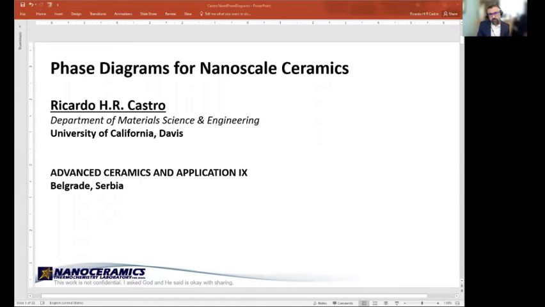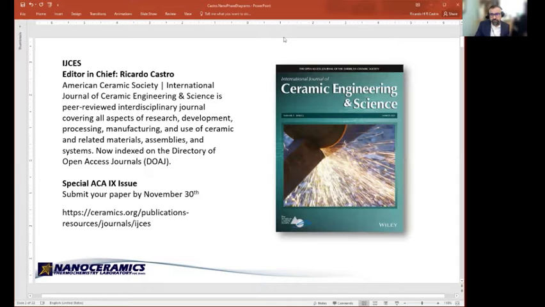And one thing that we sometimes miss is whether, when you go to the nanoscale, those diagrams work the same way. What we learned is that they do not, because there are interfacial terms in the energetics of these ceramics that will impact the stability of polymorphs.